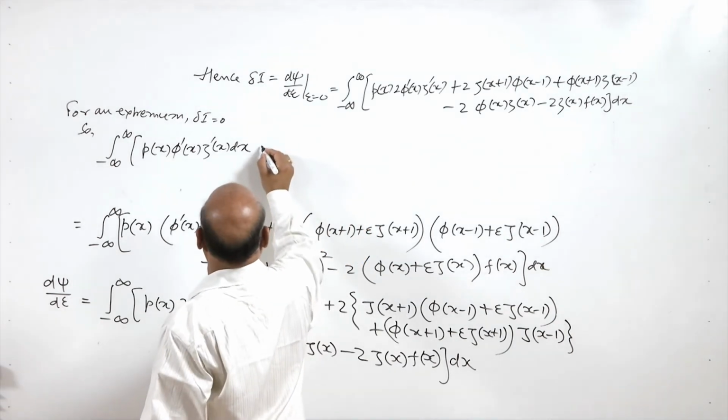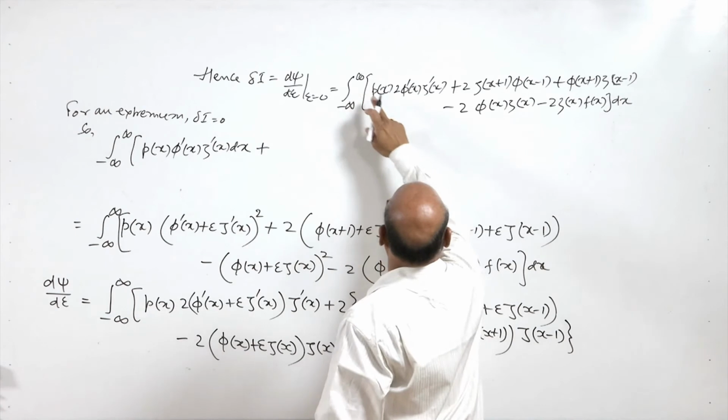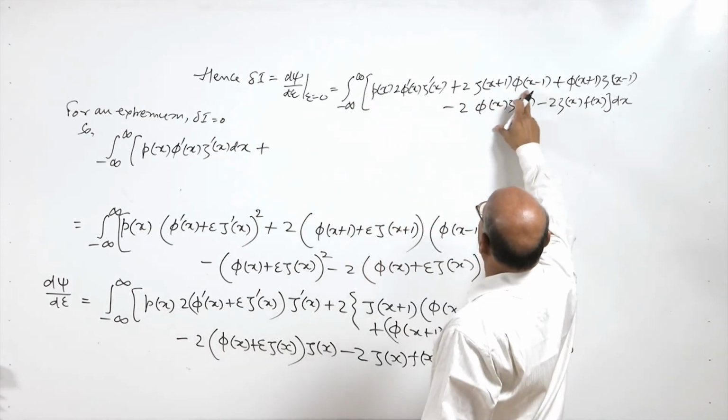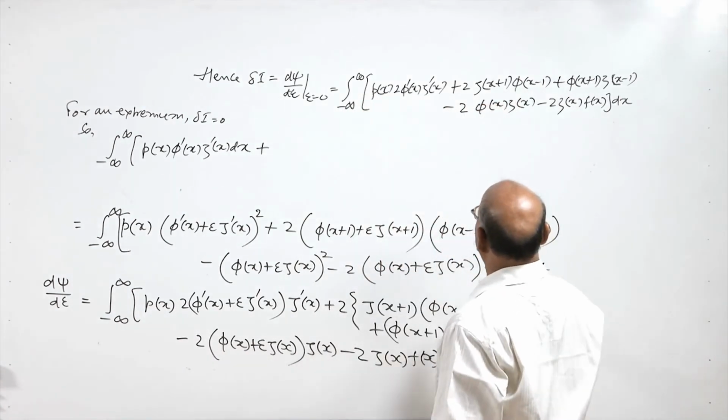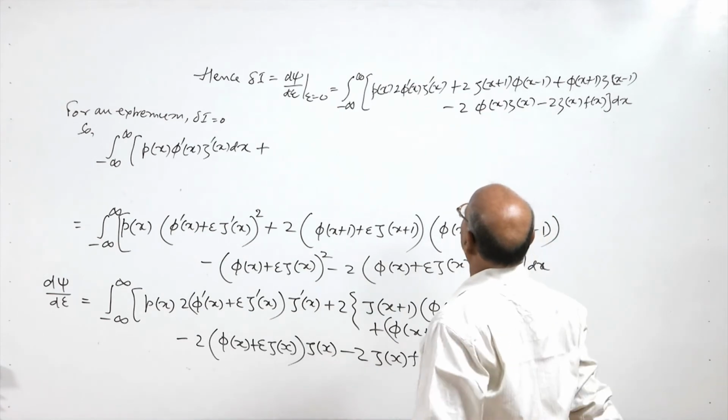plus now integral over minus infinity to infinity zeta x plus 1 phi x minus 1 we can put as, replacing x plus 1 by x.